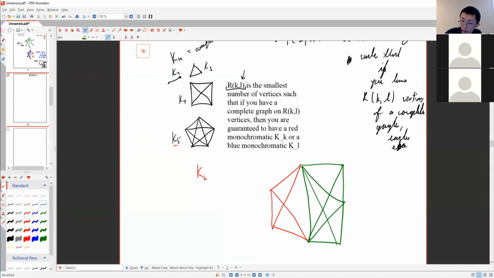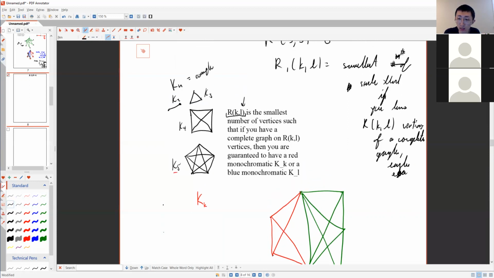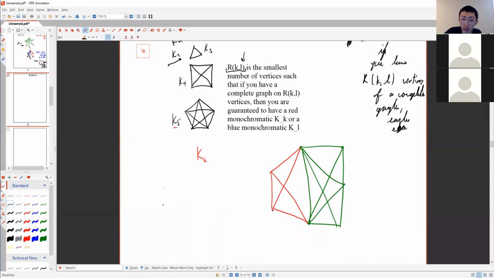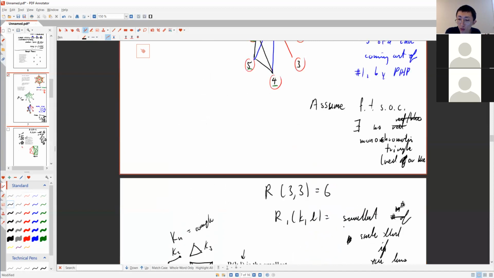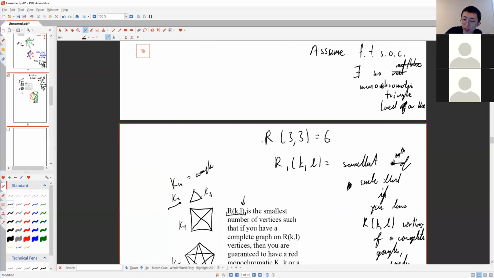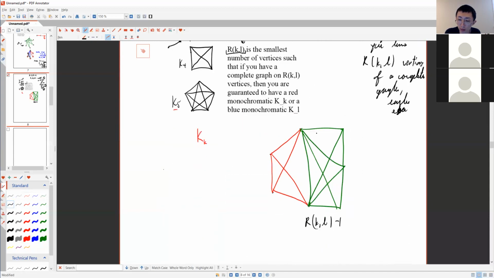So there are 2 things to check to find each of these numbers. One is, if you have one fewer than this, can you find an example without this property? Is there some way I can draw K5 so that I never have a red or blue triangle?